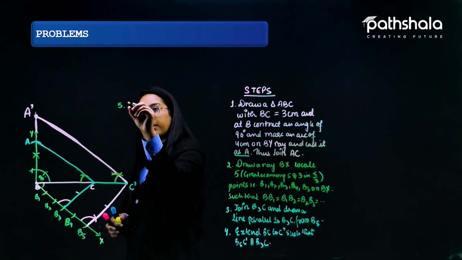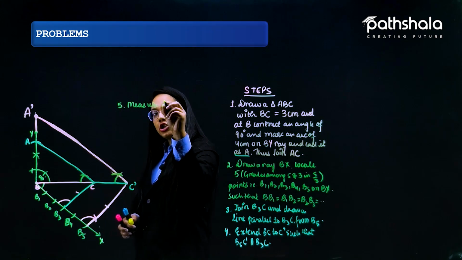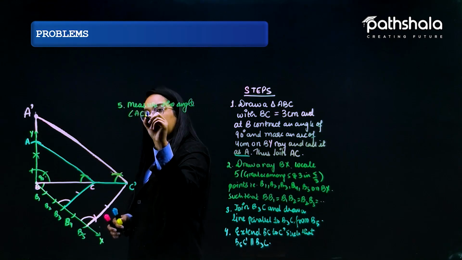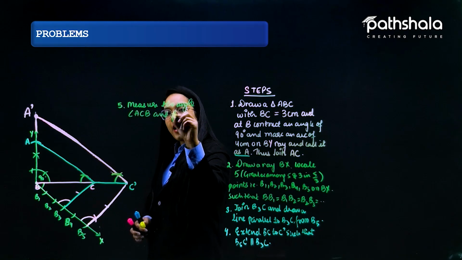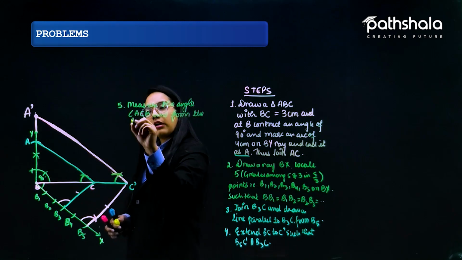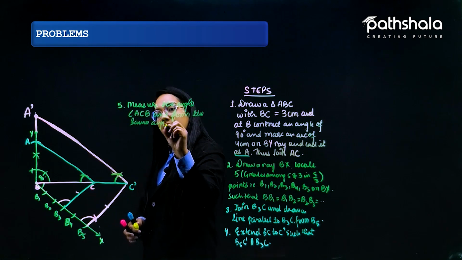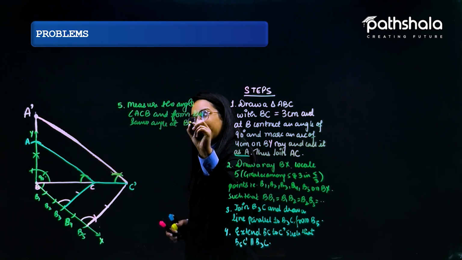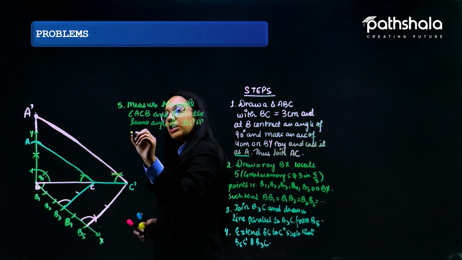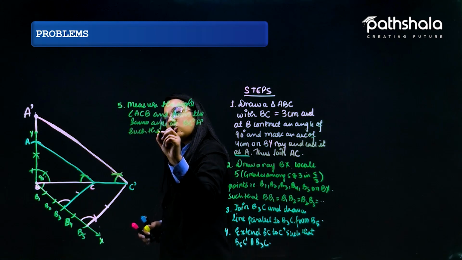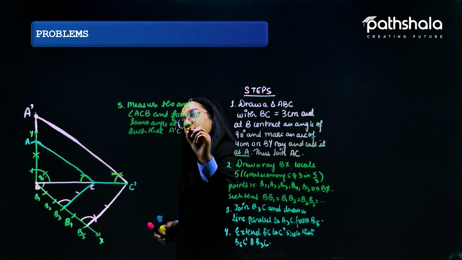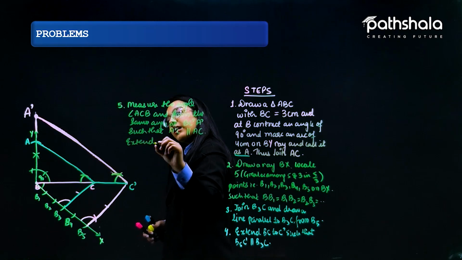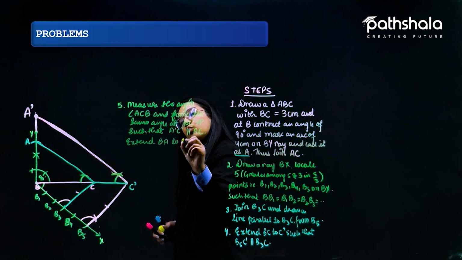So again we measure the angle ACB, and form the same angle at C dash, at BC dash A dash, such that A dash C dash would come parallel to AC, and further extend BA to A dash.